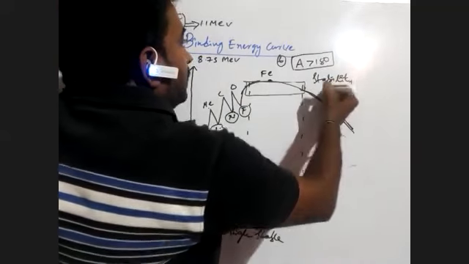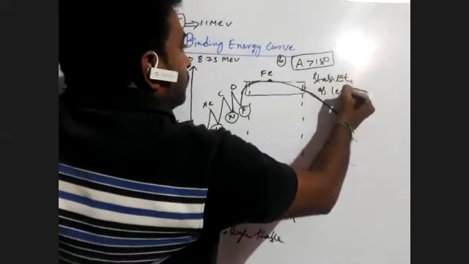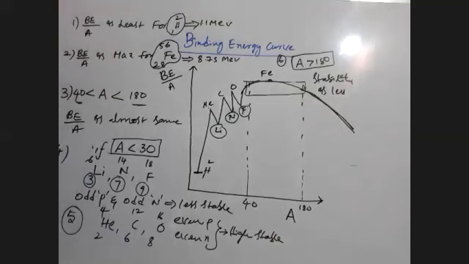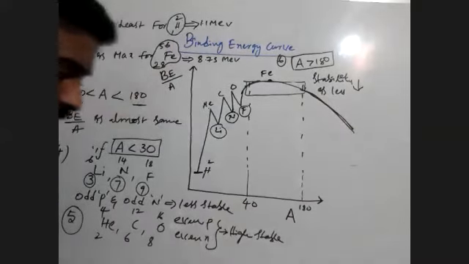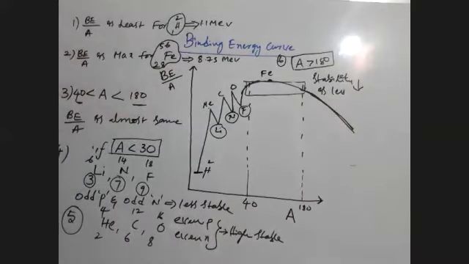Stability is less as mass increases. After A is increasing beyond 180, the stability is decreasing. So these are the different points we have discussed here about the binding energy curve.